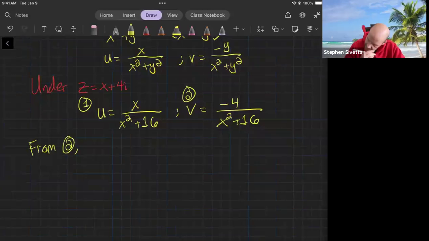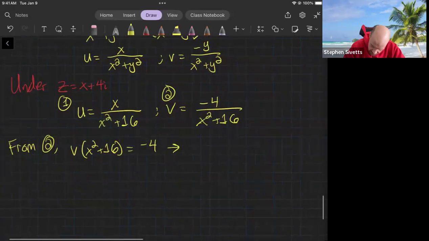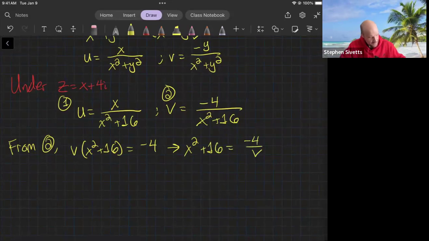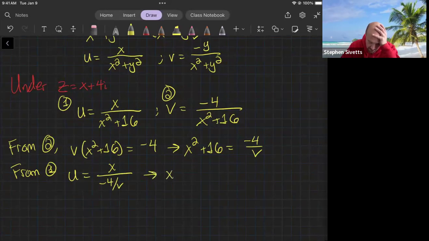From 2, we'll have v times x squared plus 16 equals minus 4, which gives x squared plus 16 equals minus 4 over v. So from equation 1, u is equal to x divided by minus 4 over v, and so x is equal to minus 4u over v.